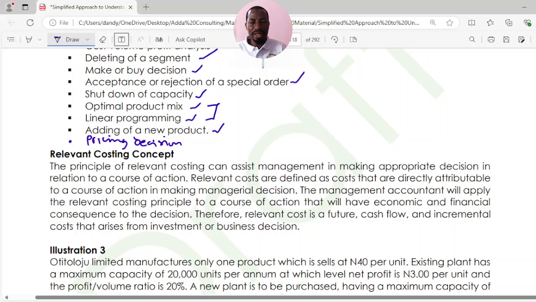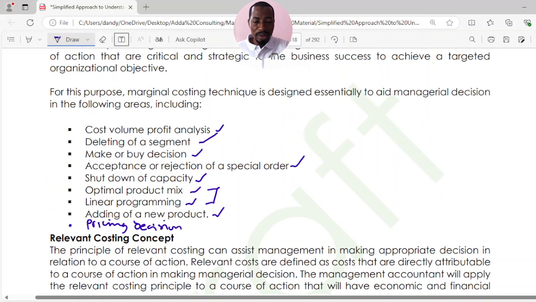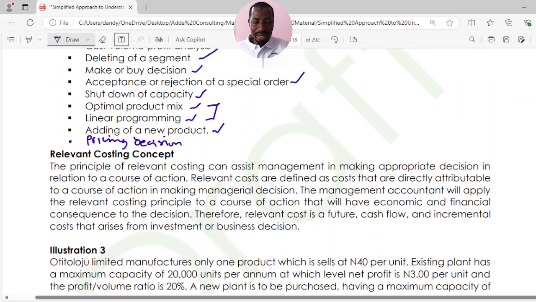Any increase or decrease in a cost item in taking a particular course of action is what is known as incremental cost or incremental cash flow. So these are what the examiner wants you to explain in that requirement C, and that's the end of the question.